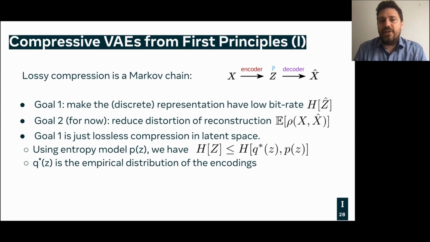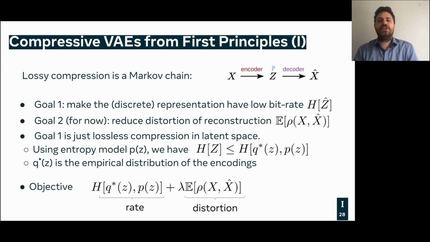Note that we can achieve it by learning an entropy model, P of z, in the latent space, and then use it to approximate the distribution of encodings, Q star of z, by minimizing the cross entropy objective. Now, the resulting objective is a weighted combination of cross entropy on the left and reconstruction error on the right, which almost already looks like an ELBO.